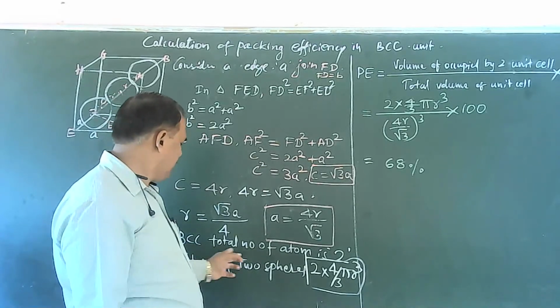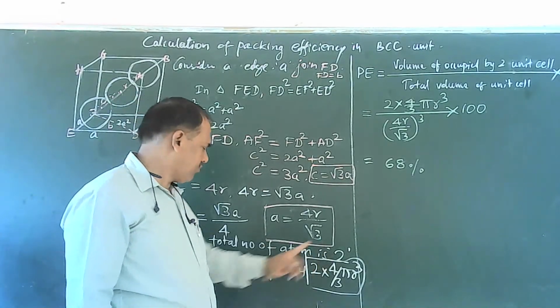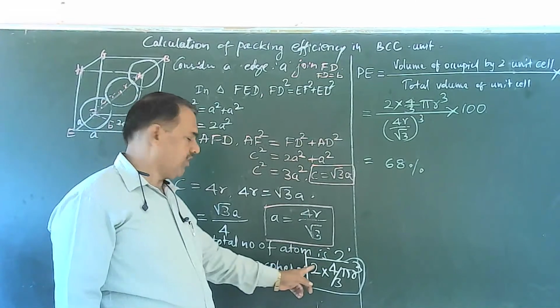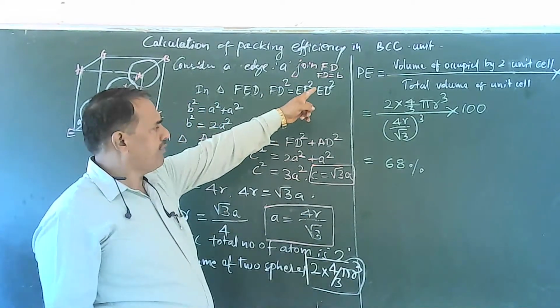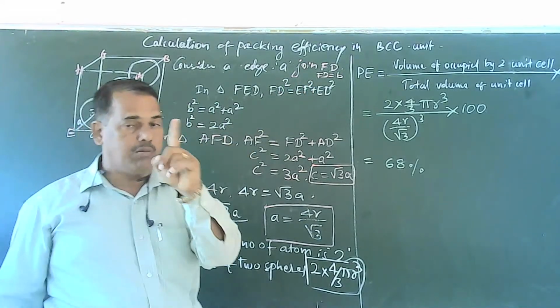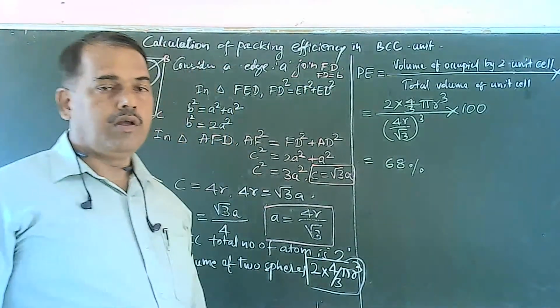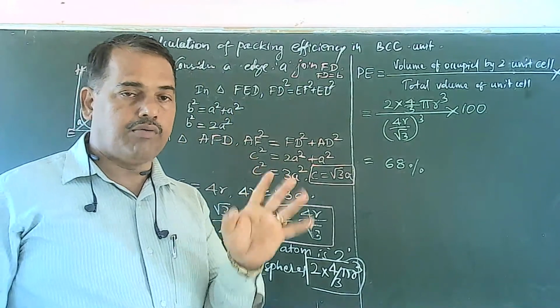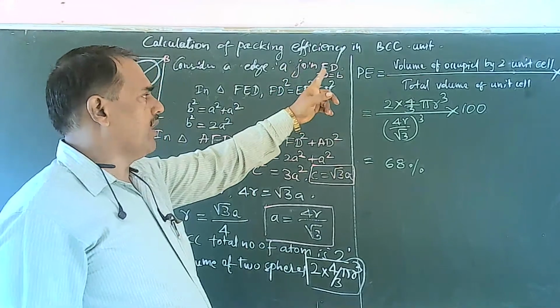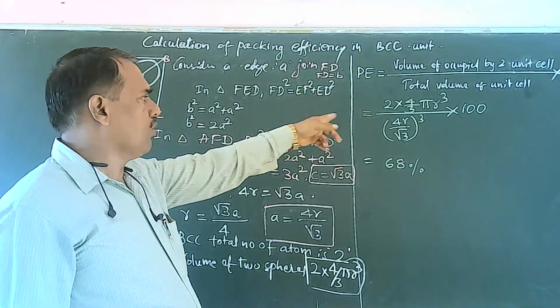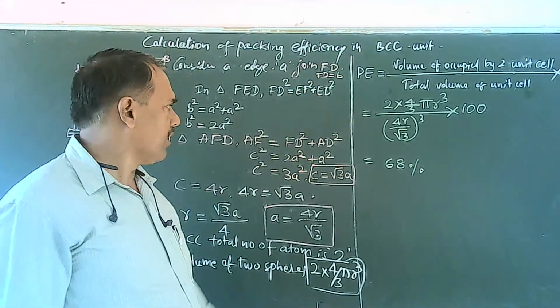And then in BCC, total number of atoms is 2, volume of sphere is 2 into 4 by 3 pi r cube, and the packing efficiency formula carries 1 mark. Very clearly you have to write the formula. So packing efficiency is equal to volume occupied by atoms in the unit cell divided by total volume of the unit cell into 100.